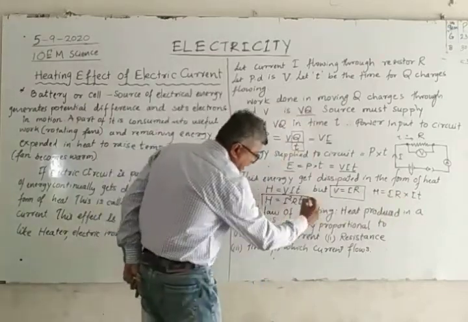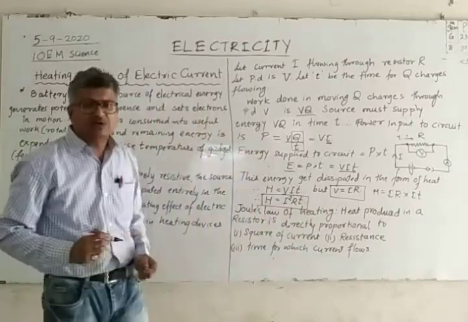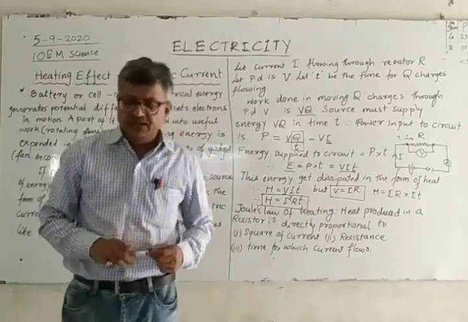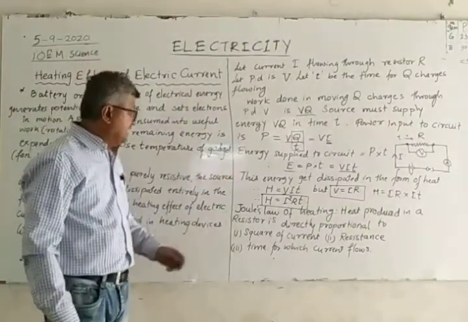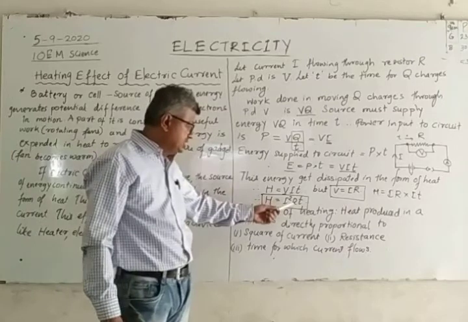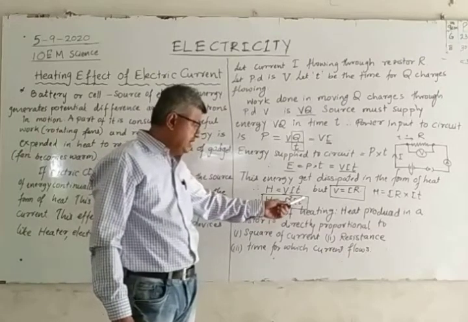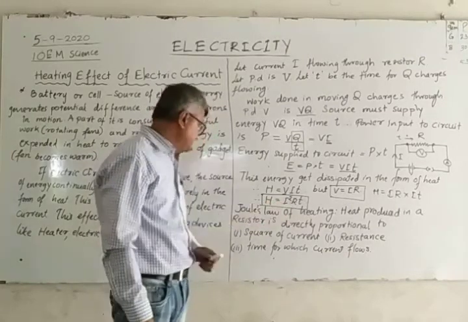This is the formula to calculate the heat generated in a circuit when current I is passing through the resistance R for time t seconds.